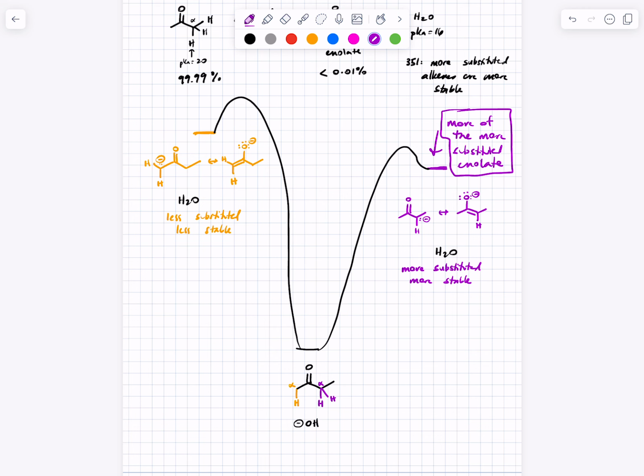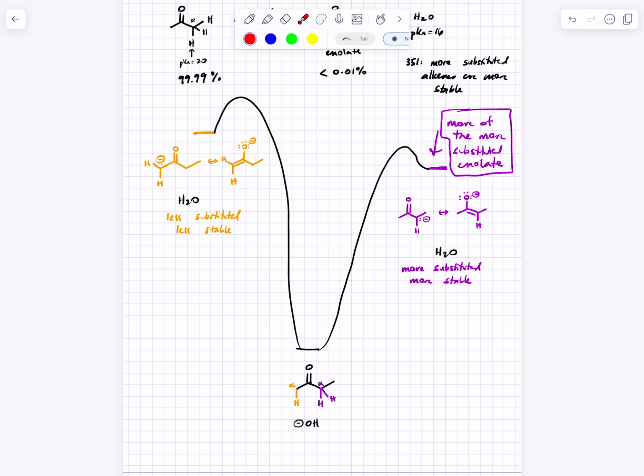All we're talking about so far is how we prepare for a reaction by making the enolate nucleophile. And I'm telling you, when you make the enolate under reversible conditions, where you only make a very small percentage of it, your product is going to come mostly from the more substituted enolate because there's simply more of that present. Okay?